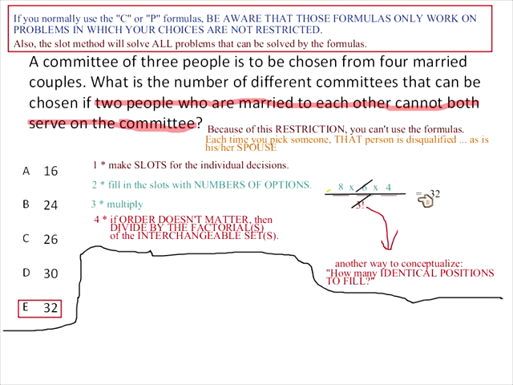So let me change this up a little bit. I'll leave it on the same screen and see what you guys can do. What's the answer to this problem if the restrictions are the same, but one member of the committee is now chosen as president?